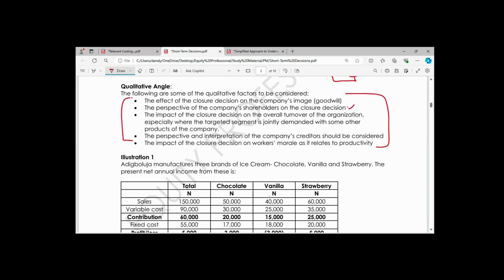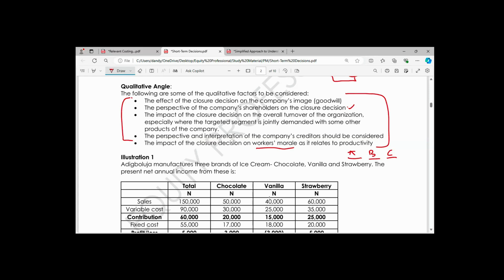So when it comes to workers' morale, what we are trying to say is that you have products A, B, and C that this company is producing.